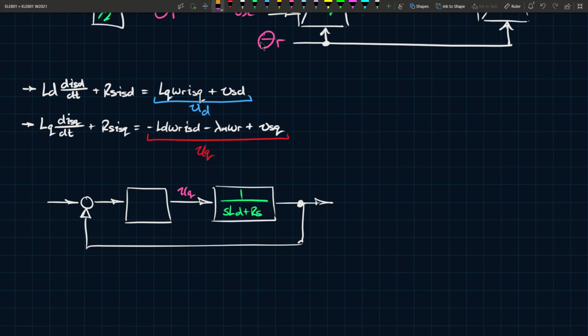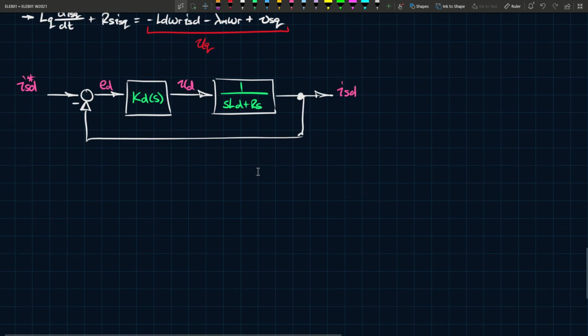This is UQ, or D. Let's start with D, because we're starting with D on that side. This compensator here we can call KD of S. And if you really want, you can call this ED as the error. This should be subtracted. This should be ISD star, and this is the actual ISD. We can repeat this process for ISQ.